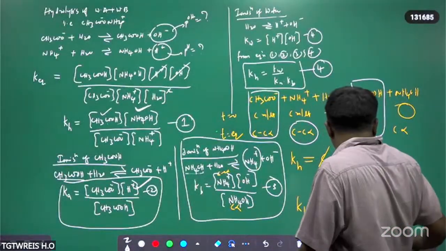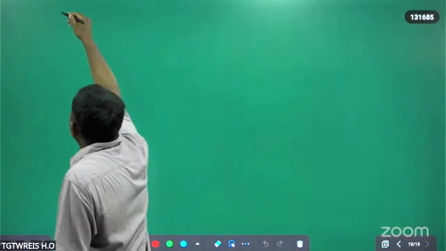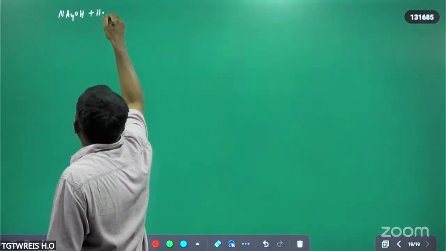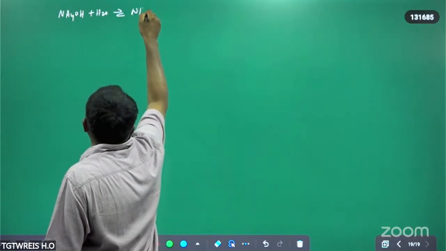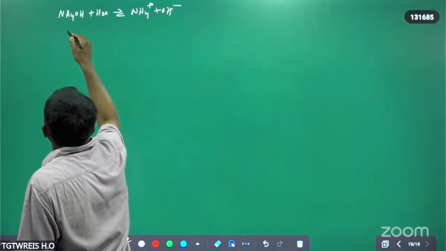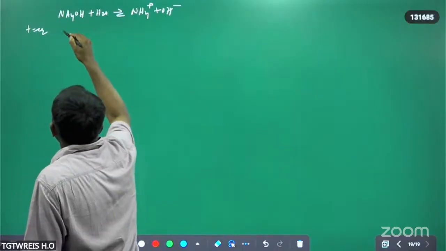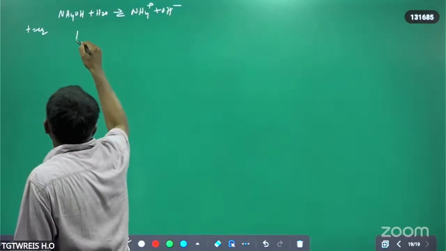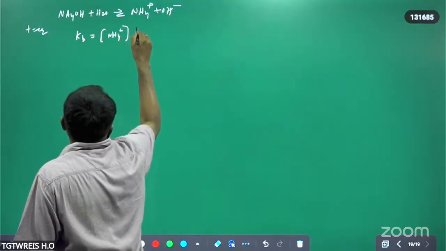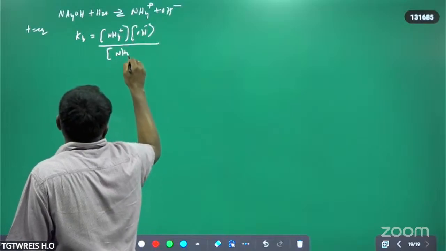NH4OH plus water. NH4OH plus water, you will get what? NH4+ plus OH minus. So this is at equilibrium. Kb is equal to what now? This is NH4+ into OH minus by NH4OH.